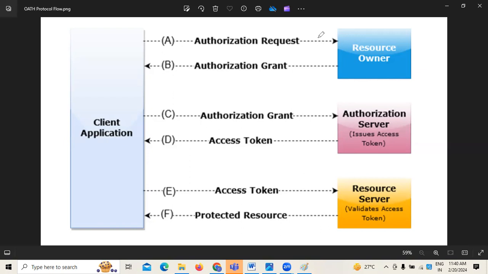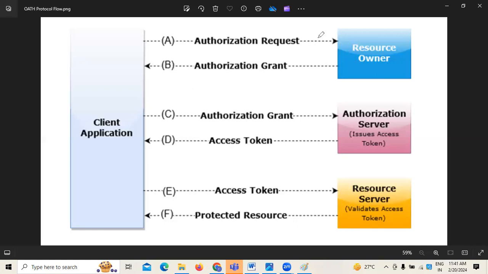Next, we need to focus on the authorization grant. Whenever we are working on the client application, it requests an access token by presenting both client credentials and the authorization grant to the authorization server.